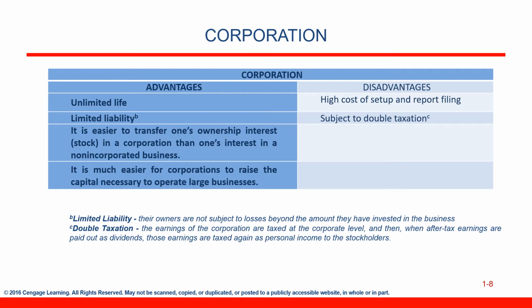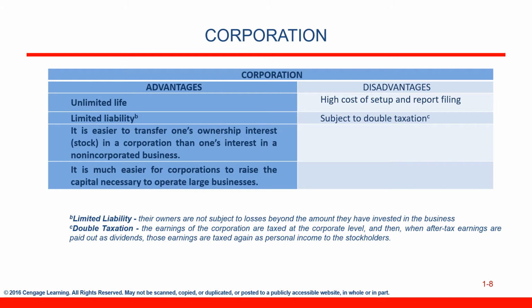Okay. It is easier to transfer one's ownership interest in a corporation than one's interest in an unincorporated business. So it is easy because you just transfer your stock certificate to your heirs. So if the stockholder died, the heirs, the ones who can claim the inheritance to that particular stock, it is easy for them, no?